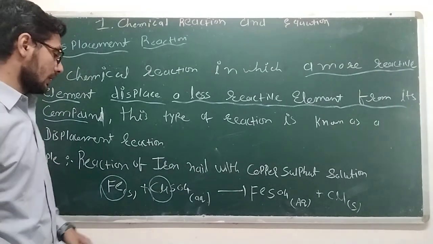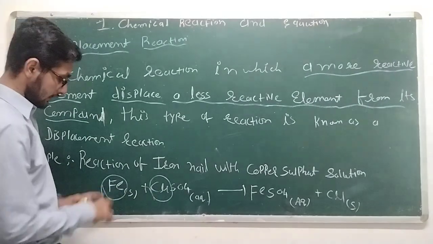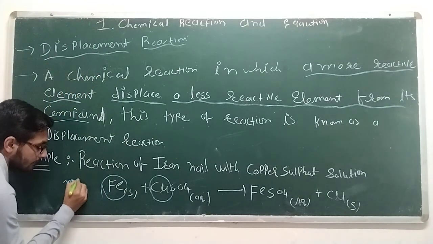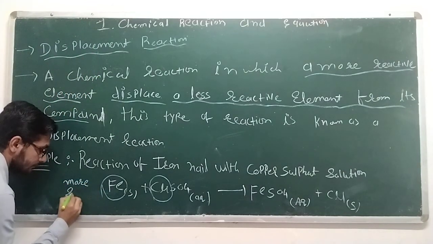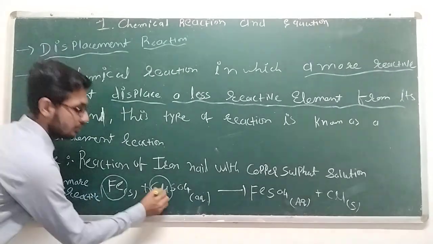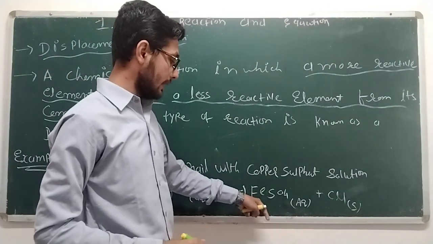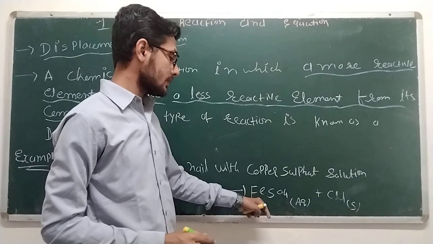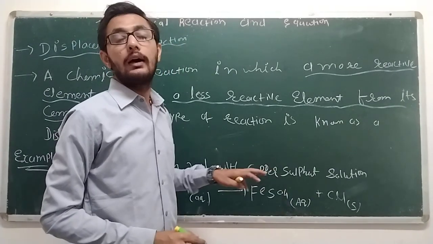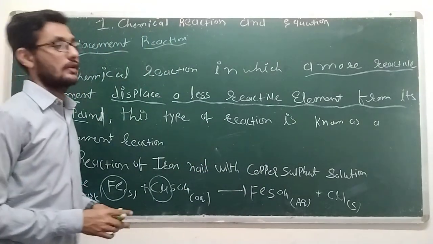In other words, you can say that Cu is replaced by Fe. So here Fe is more reactive compared to copper, so copper is removed and Fe is placed with the SO4 ion. So basically it is your displacement reaction.